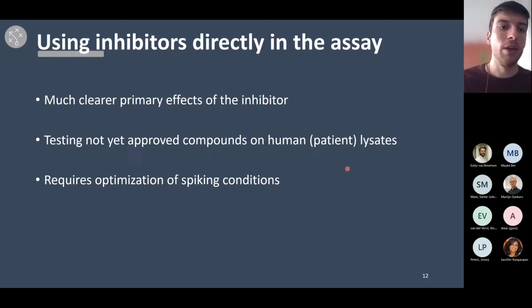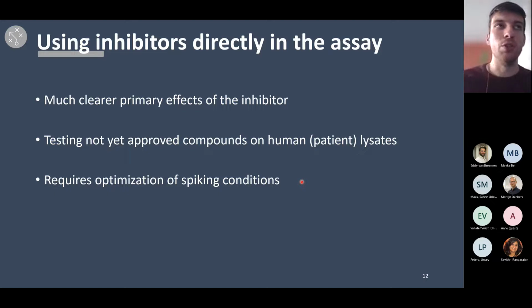But one important step here is that you have to optimize the spiking conditions. What I mean by that is that you have to look at the exact concentration that you add. So we generally suggest to do a dose-dependent curve on the concentration of your inhibitor, so that you can at least have some inhibition of your kinases.